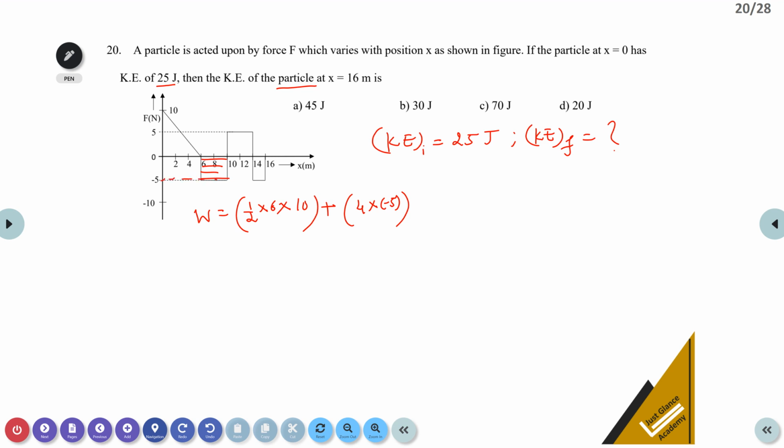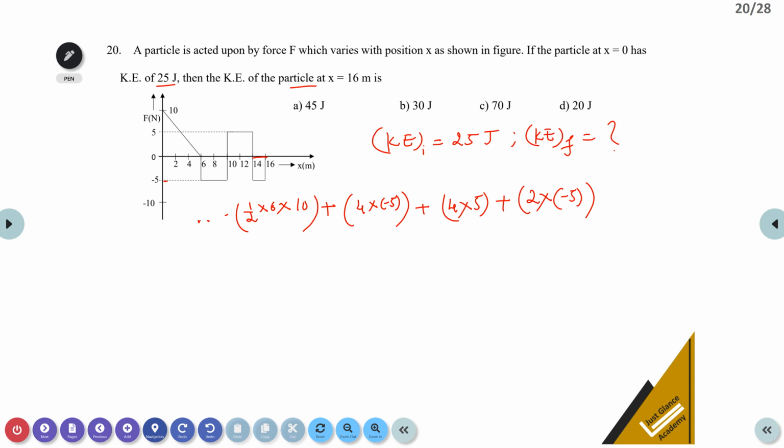Next, this part again plus, here 10 to 14, which is 4, into 5. Next, this part, plus 2 into minus 5.